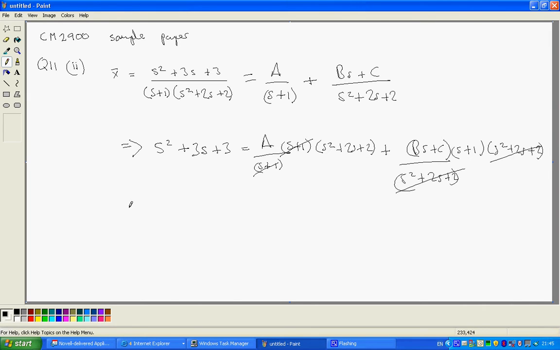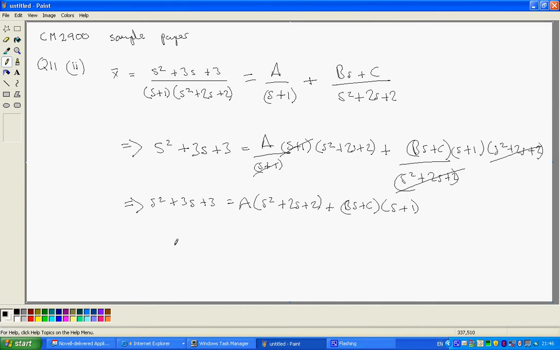So to simplify this slightly, we have s squared plus 3s plus 3 is equal to A into s squared plus 2s plus 2 plus Bs plus C into s plus 1.